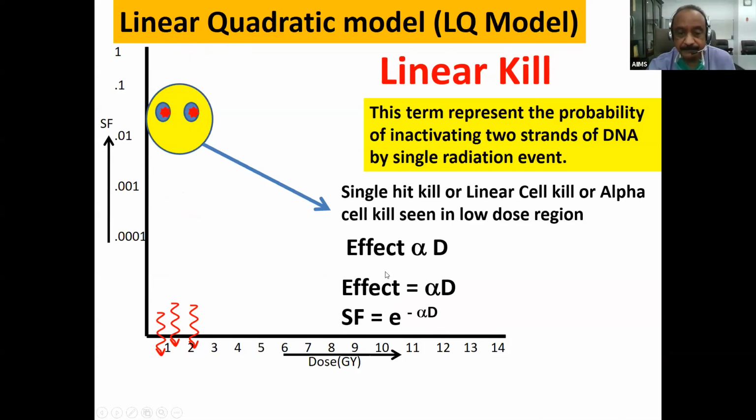Here, the effect of radiation is directly proportional to the dose of radiation. When you remove the sign of proportionality, as per the norms of mathematics, you have to use a constant. So here we use the constant alpha. So effect is equal to alpha D, and survival fraction can be obtained from this formula, that is exponential power minus alpha D. The cell survival curve, because of predominantly this kind of cell kill, is continuously bending, which forms the shoulder of the cell survival curve.